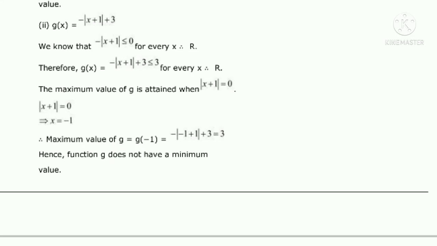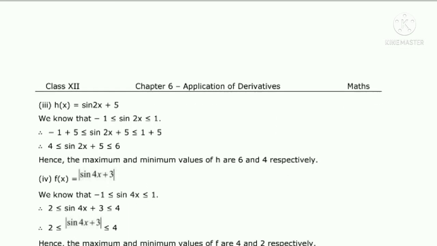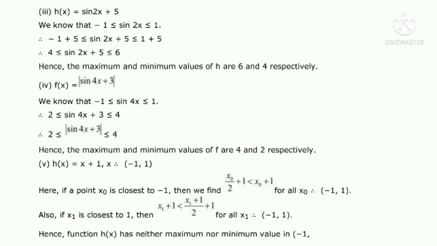Is it clear? Okay. Now after the second question, the third one is a trigonometric function: h(x) = sin 2x + 5. Now the function is this one.